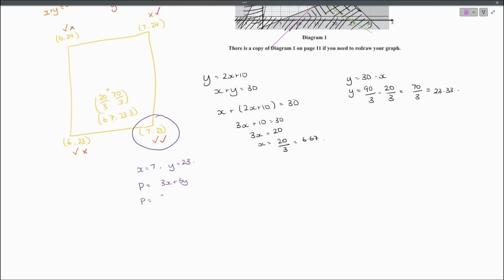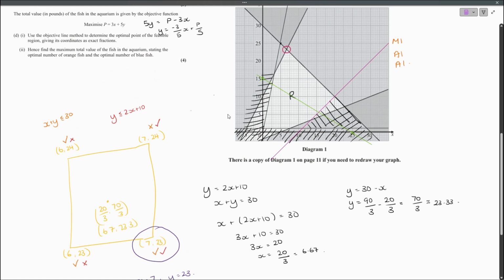The total value is 3 times 7 plus 5 times 23. So this is equal to 21 plus 115. And if we try adding 21 and 115 together, we're going to get £136.